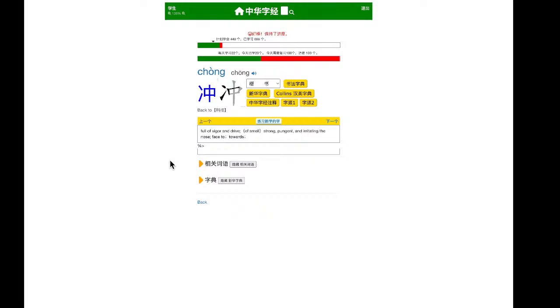And we call the person very 冲. It's also referred to something's smell. Something's smell is very strong, pungent, and irritating to the nose. Okay, and also refers to facing or towards. 我就是冲着你来的, that's I'm exactly meant to confront you. That's what it means. 我就冲着你来的.